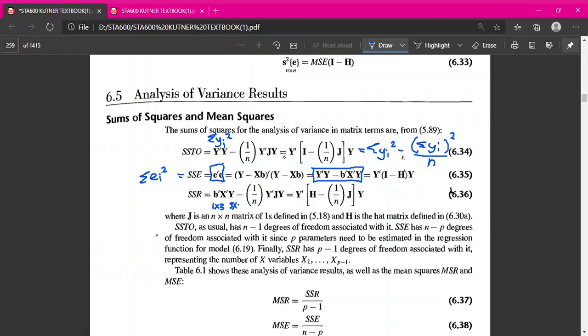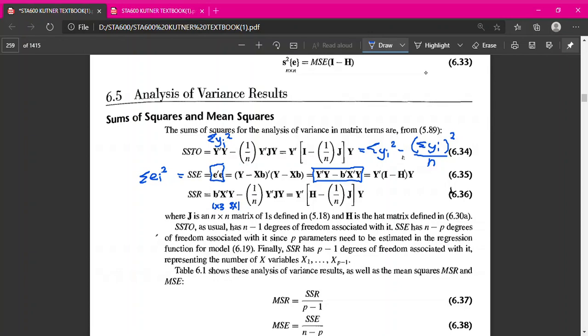Sorry, the matrix X transpose Y: X transpose X is 3 by 3, and X transpose Y will be 3 by 1, which is the summation of y, the summation of x1y, and the summation of x2y.